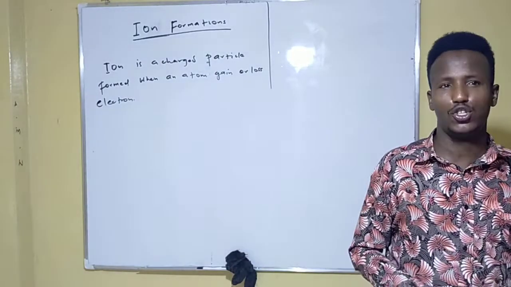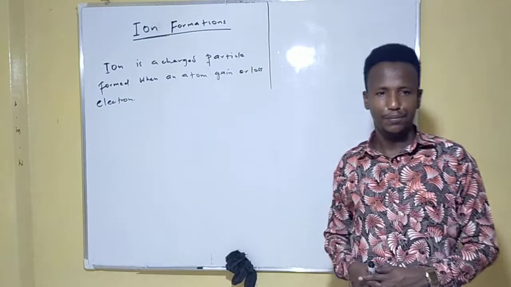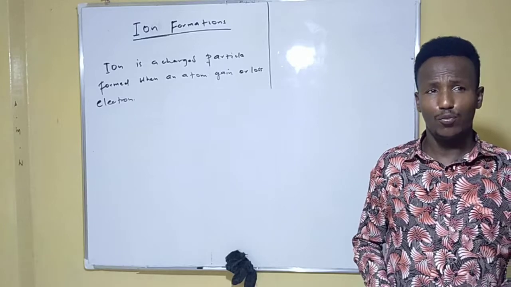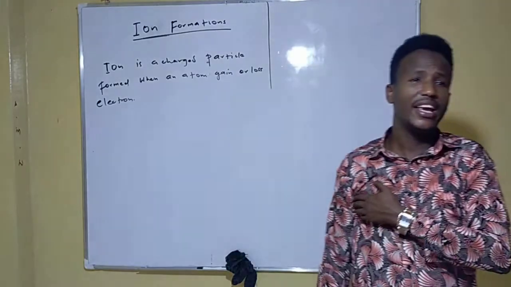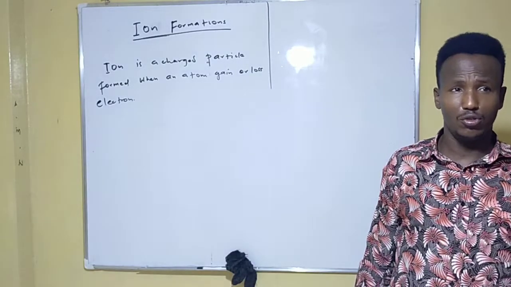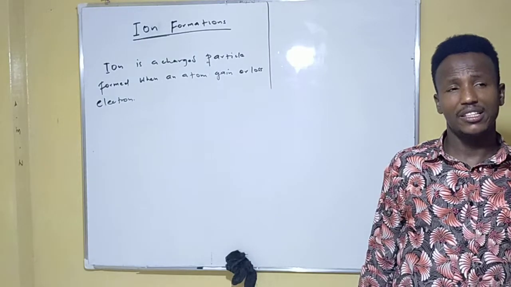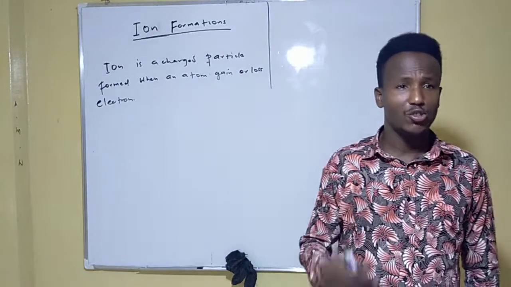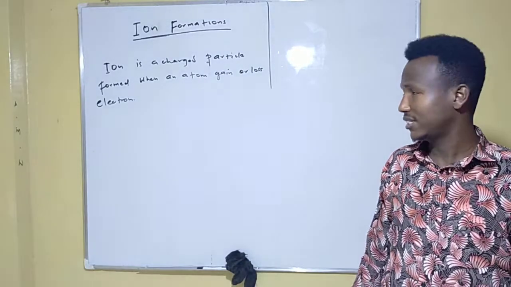In simple language, just understand that. An anion is a negatively charged ion formed by nonmetals when they gain electron or electrons. Don't forget that.